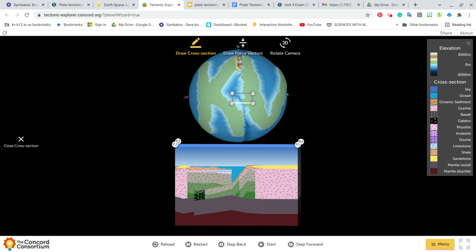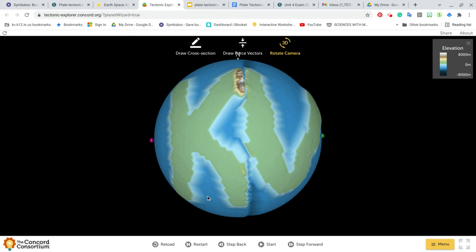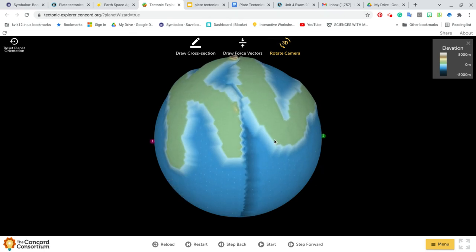Okay, remember that 1 is our low density. 2 is the high density. So low density is going to be lighter. Okay, I actually need the other way. You need to go further down. Rotate.